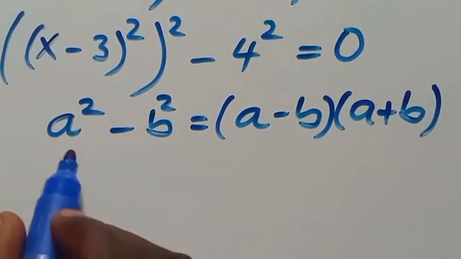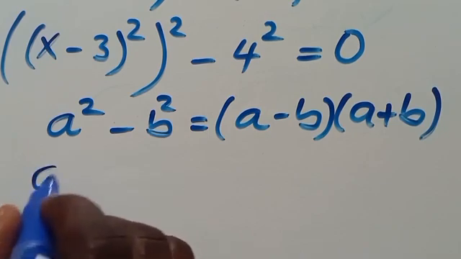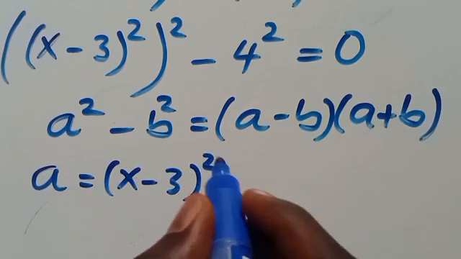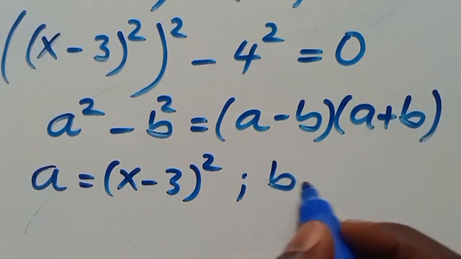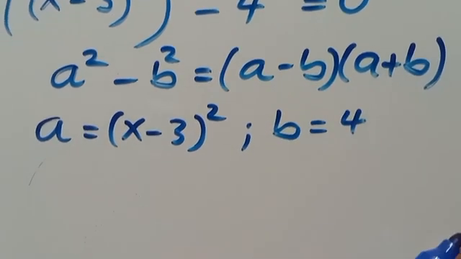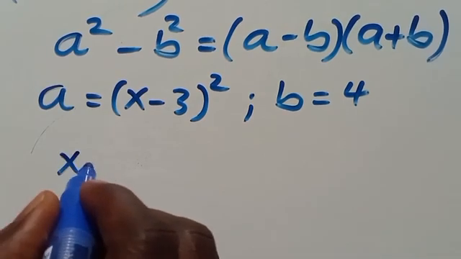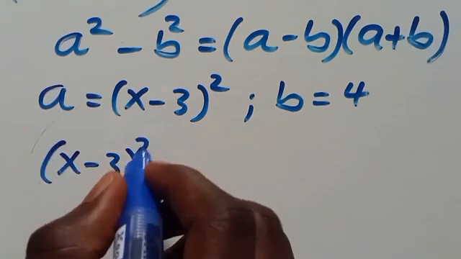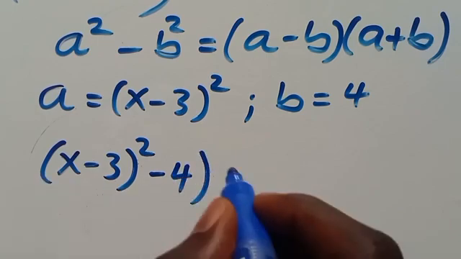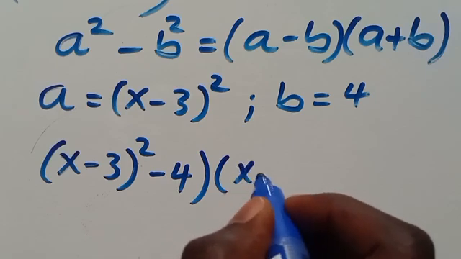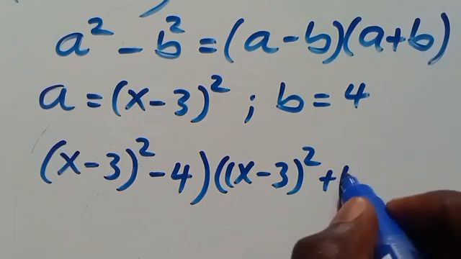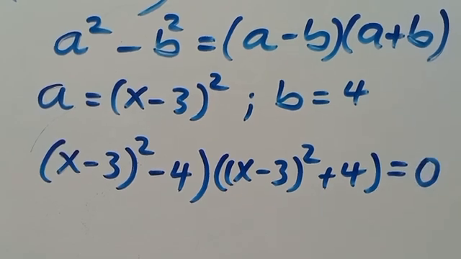So when we apply the difference of two squares, our a is replaced by (x - 3)^2 and our b is equal to 4. Then when we substitute it here, we have ((x - 3)^2 - 4) multiplied by ((x - 3)^2 + 4) equals 0.